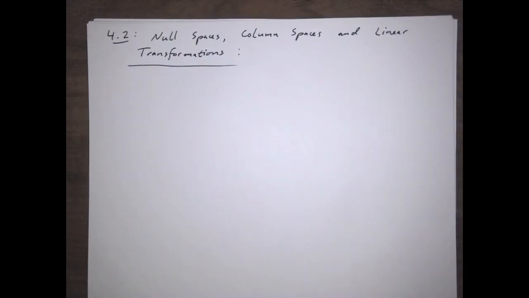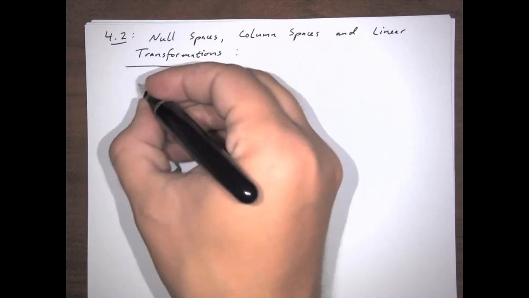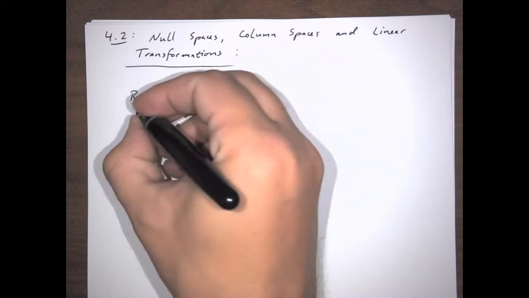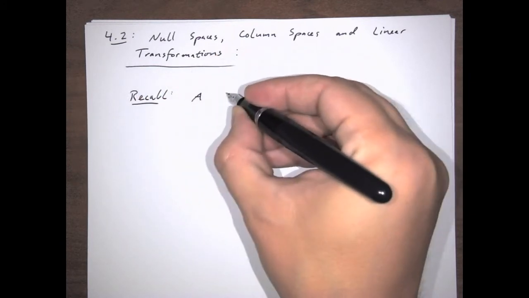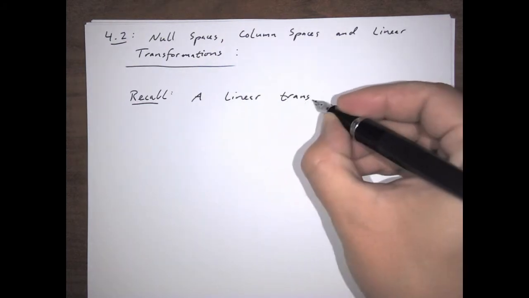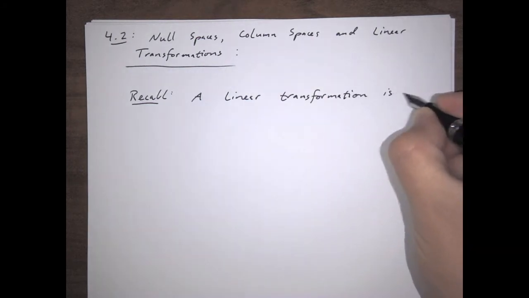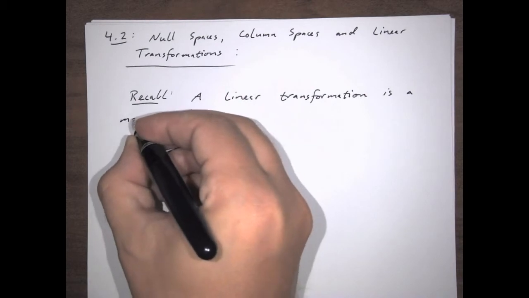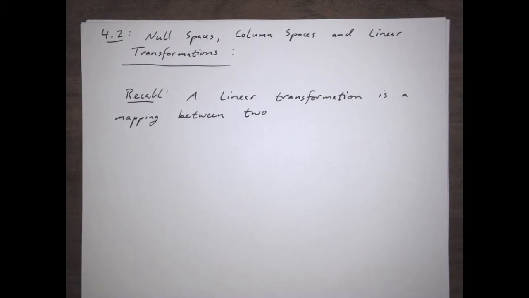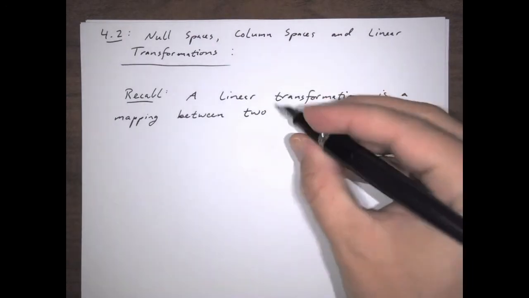Alright, so first off, remember what it means to be a linear transformation. Recall, a linear transformation is a mapping between two vector spaces. Sorry, the camera cut off there again.